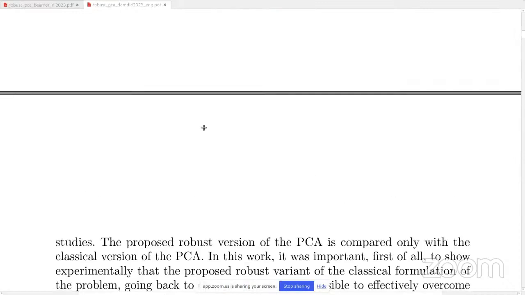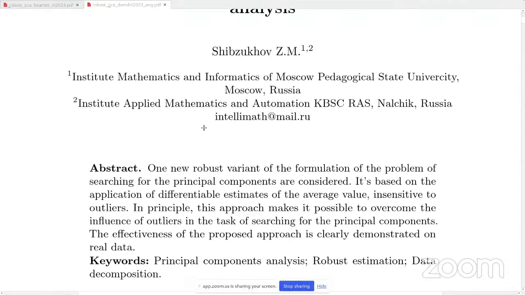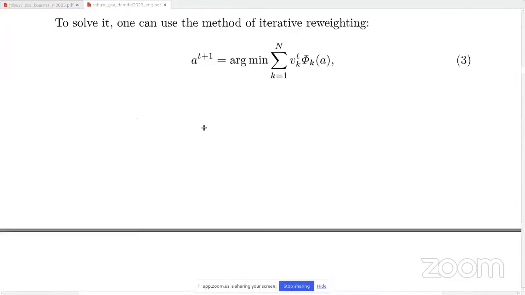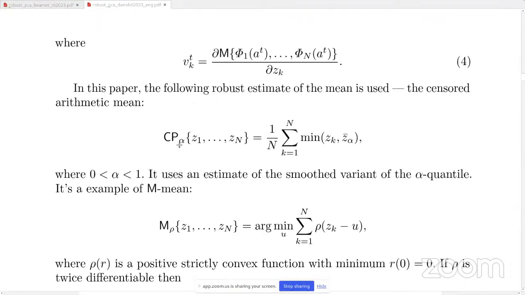This is the following. Вот CP alpha. This functional.